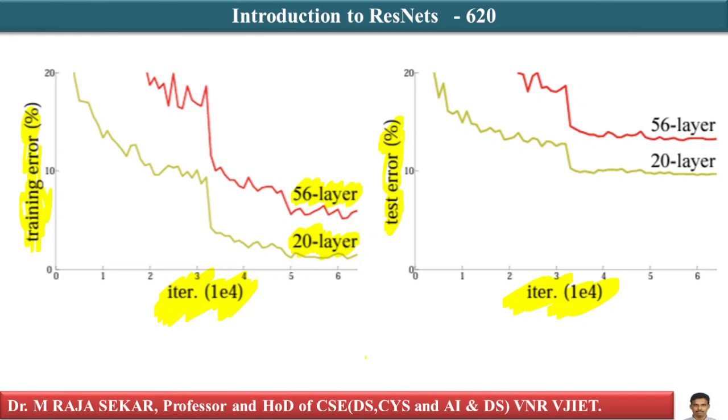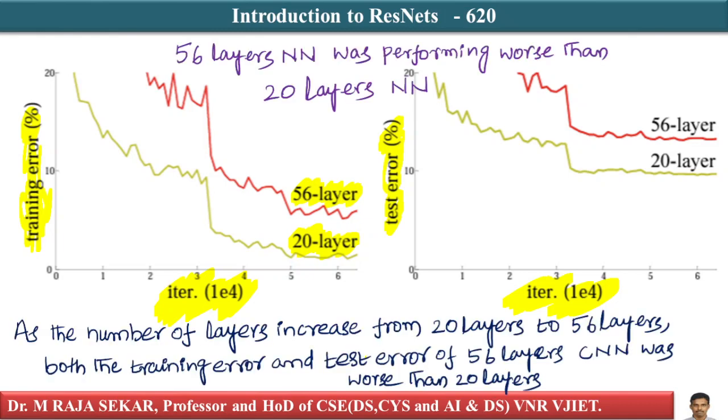One thing that we noticed is, as the number of layers increases from 20 to 56, both the training error and test error of a 56 layer convolutional neural network were worse than the 20 layer one.